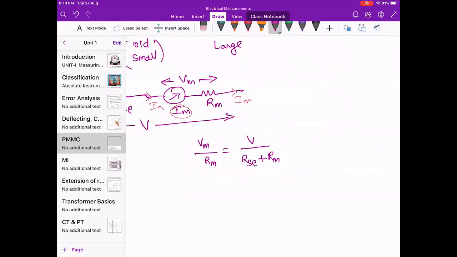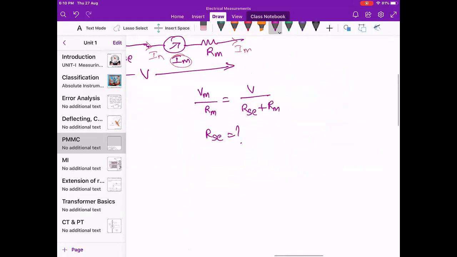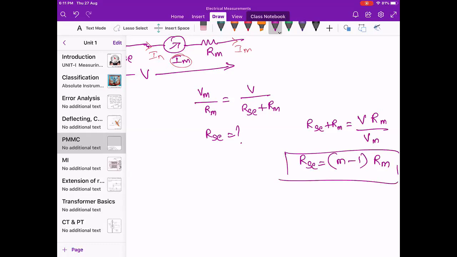Now we want the RSC value. Remember that point. RSC plus RM is equal to V RM by VM. RSC is equal to (M minus 1) into RM. This is the expression for the multiplier.